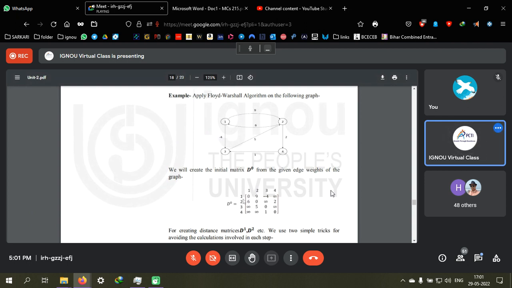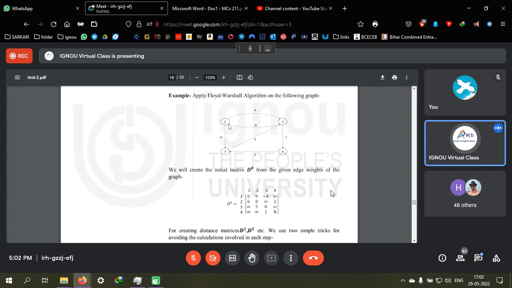Here 1 to 1 is 0. If we want to go from 1 to 2, it gives a 9. 1 to 3, it gives a minus 4. I can't go directly from 1 to 4, that's why it is infinity.